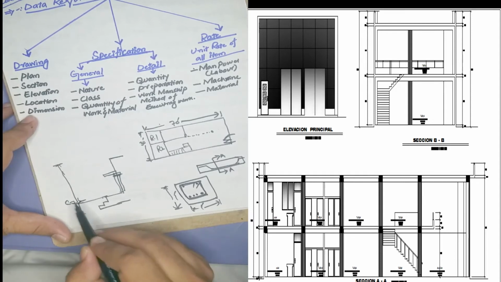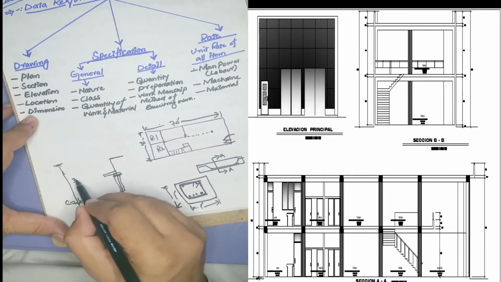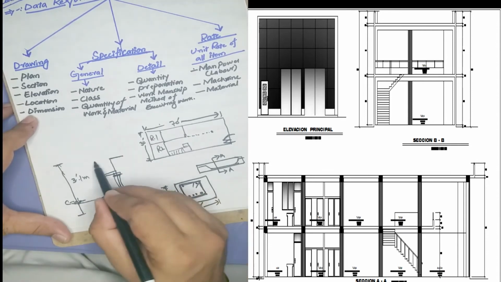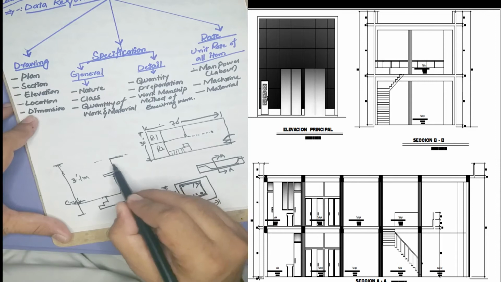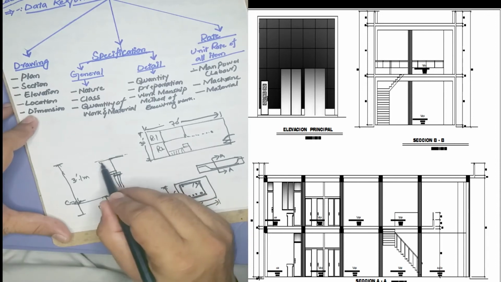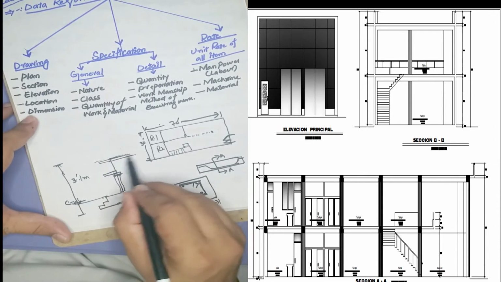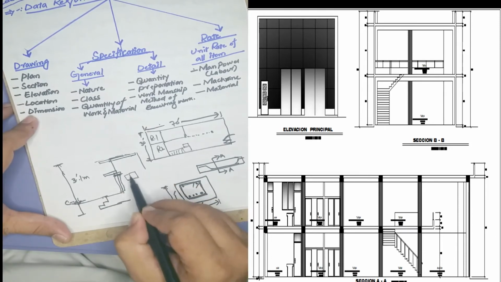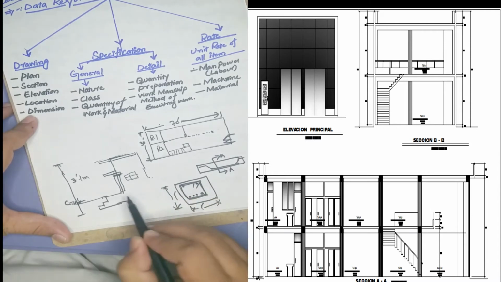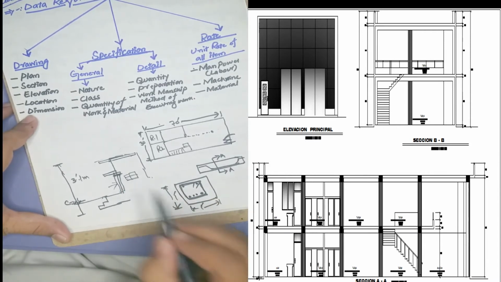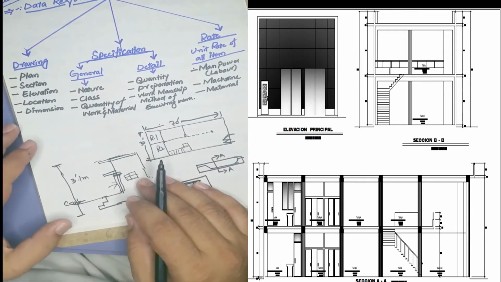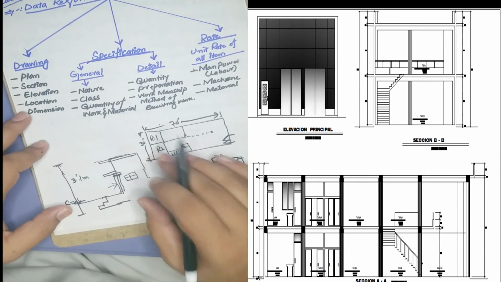This is from ground level, 3.1 meters. This is the building elevation. This is the roof, this is the window, this is the door. This is called elevation. For preparation of an estimate we need the elevation of a building.